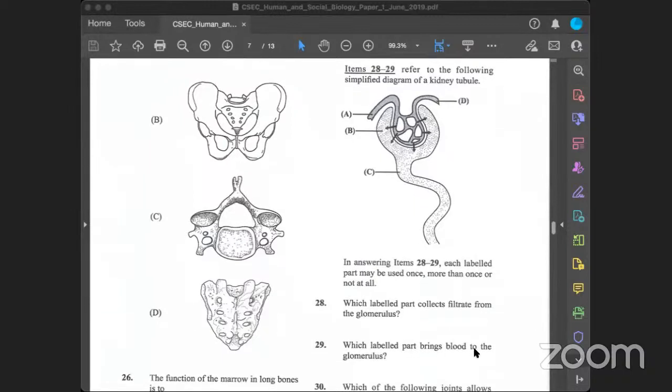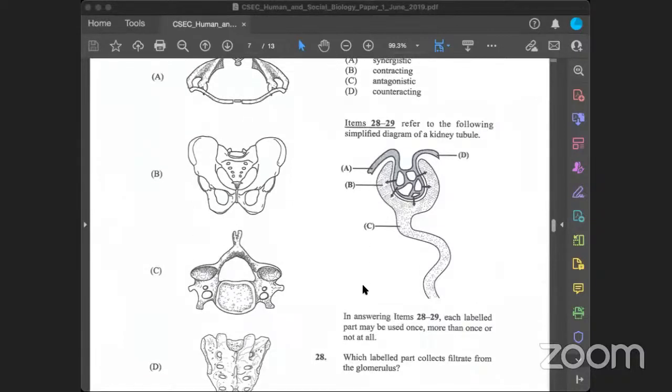Which labelled part brings blood to the glomerulus? Very good question. Which one? If you had to guess. A. Very good. And what do you call that? Do you know? No, sir. It's actually the afferent arteriole. So this is going to ultimately come from the renal artery and then branch into small capillaries which go to feed the nephron, and then ultimately comes back out as what they call the efferent arteriole and then wraps around the loop of Henle.